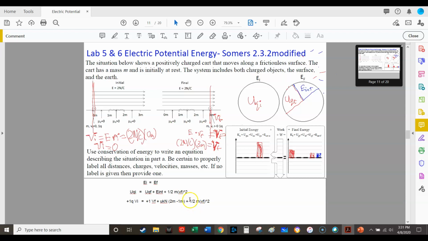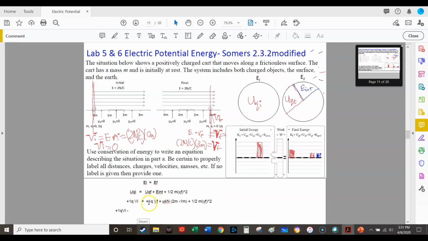So let's say we had to solve for the final velocity, all right? And actually, let's just say we had to solve for the final kinetic energy. Well, we're going to keep the initial energy onto this side, positive 1 q vi. And we're going to subtract from that, oops, I forgot the q on there.